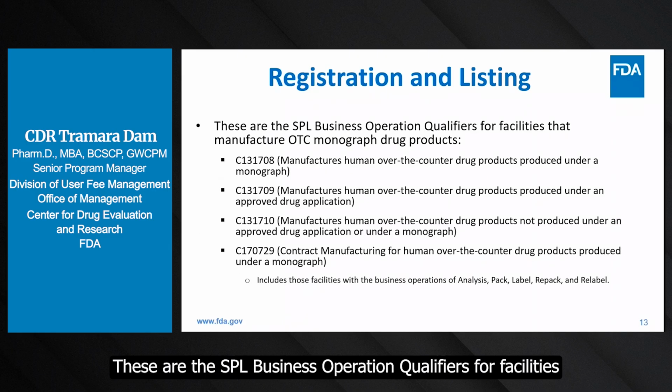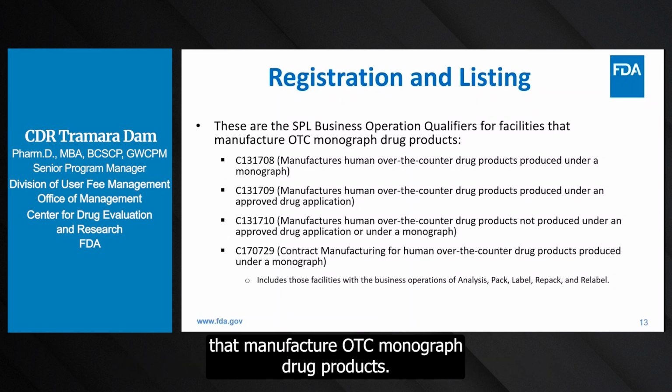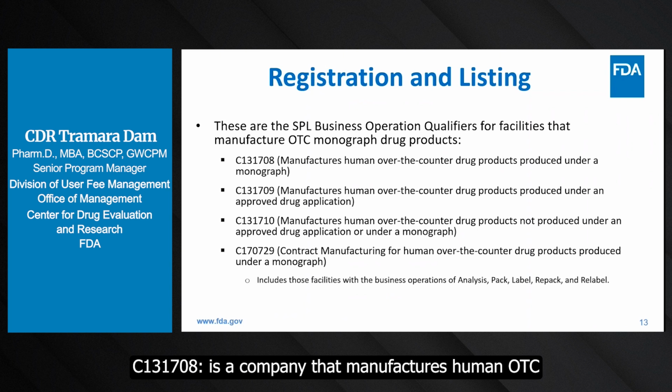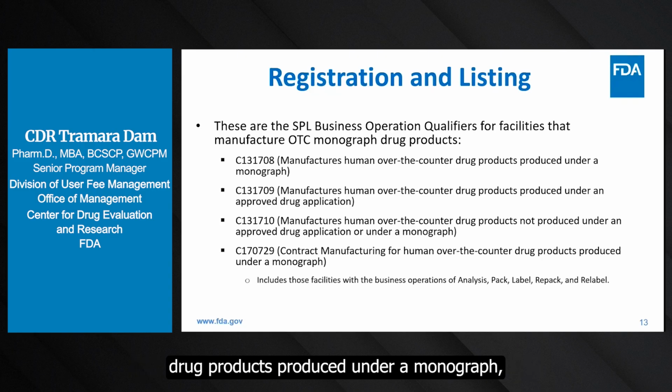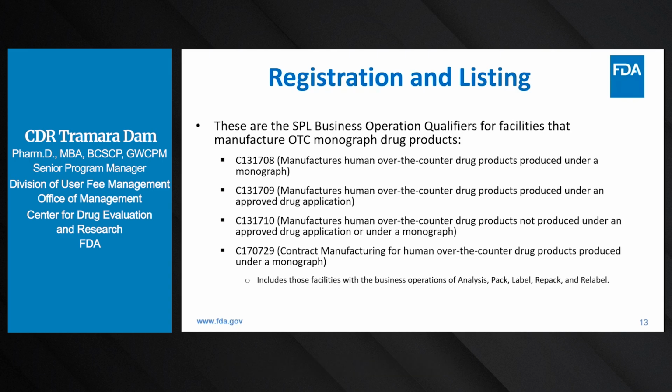These are the SPL Business Operation Qualifiers for facilities that manufacture OTC monograph drug products. C131708 is a company that manufactures human OTC drug products produced under a monograph, and this is also known as MDF.